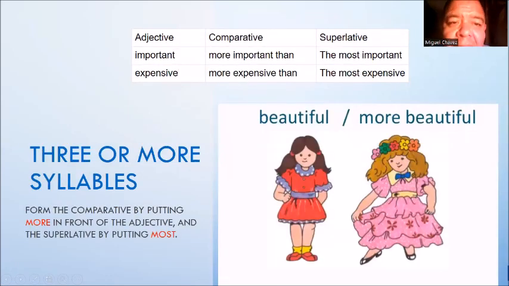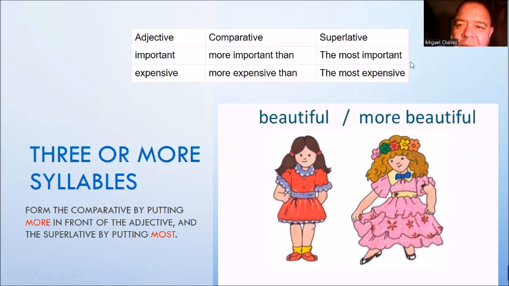And we are going to have adjectives of three or more syllables. For those adjectives, we are going to use the words more than and put the adjective between them to make the comparative. And to make the superlative, we are going to use the words the most before the adjective. Let's check this table. Adjective, important. Comparative, more important than.